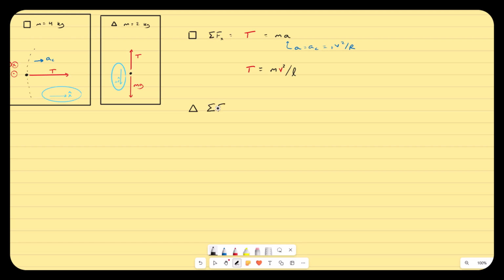If I look at my sum of forces in the x direction there, what I get is the mass of the triangle. I'm going to call these mass 1, mass 2. So those are mass 1s up here. I get mass 2 times gravity, that's in my positive direction, minus tension in my negative direction, equals mass 2 times acceleration.